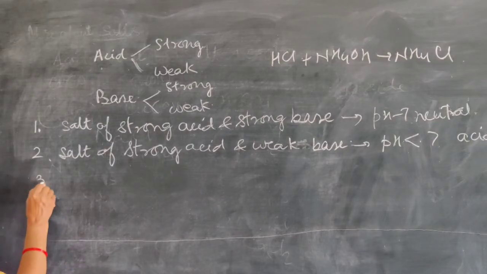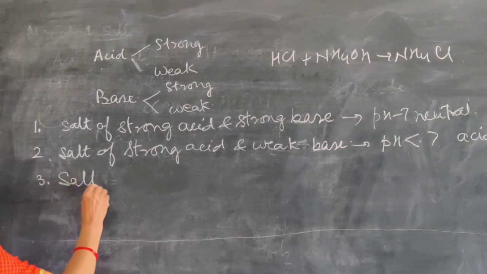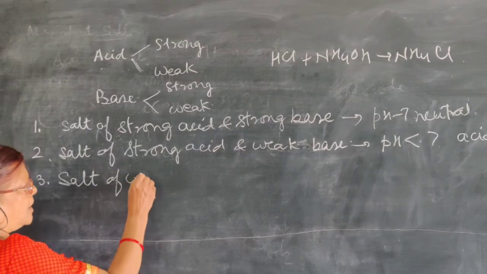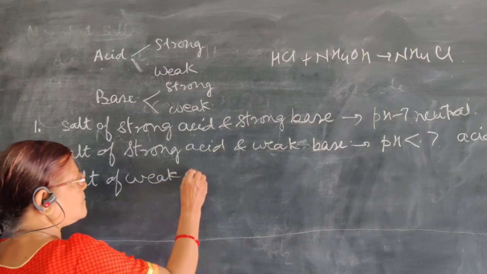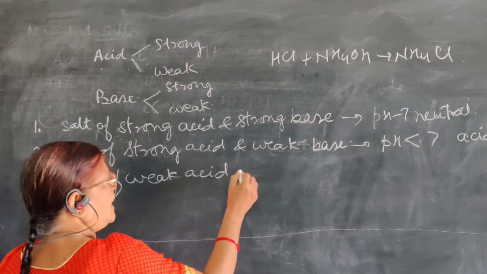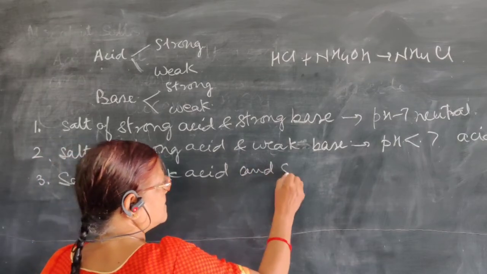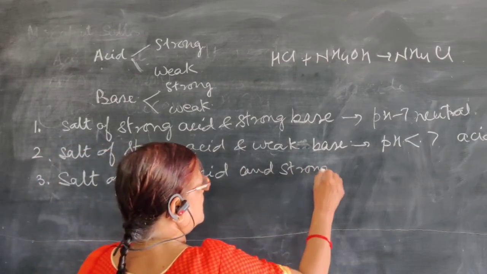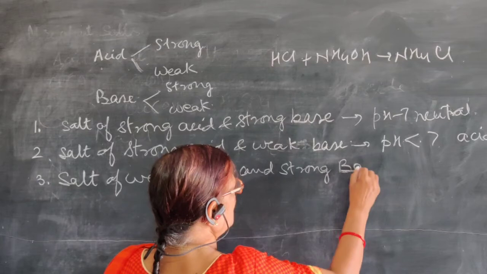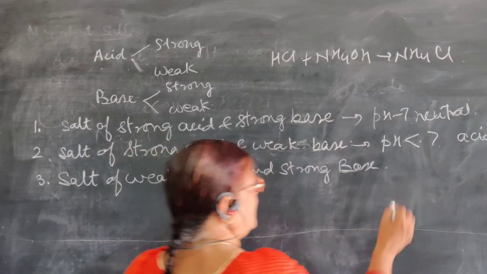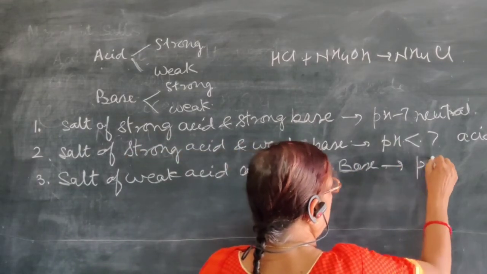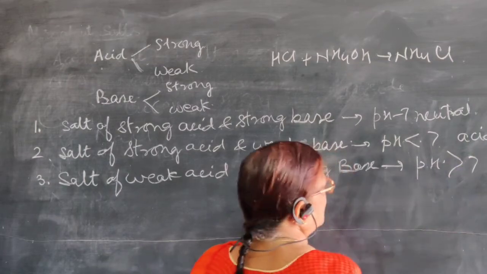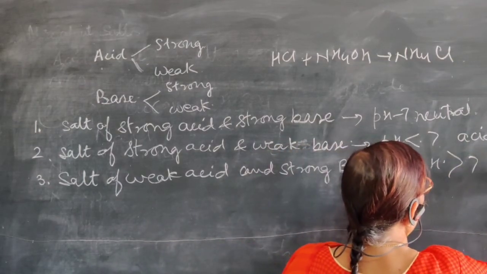Now the third is the salt of a weak acid and a strong base. The pH of this salt will be greater than 7, and it will be basic in nature.